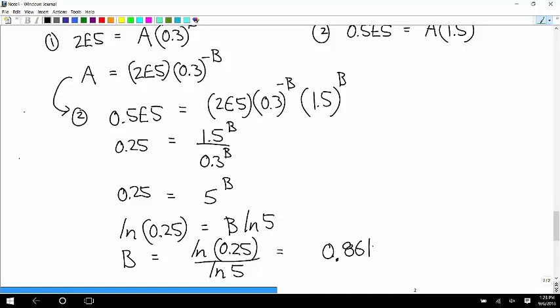It does come out negative, yeah. So that's negative.